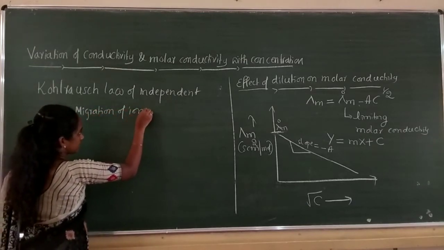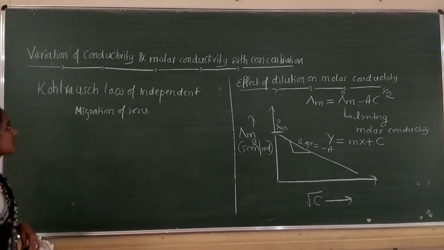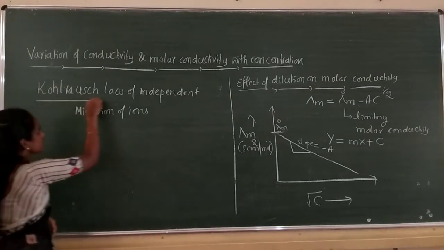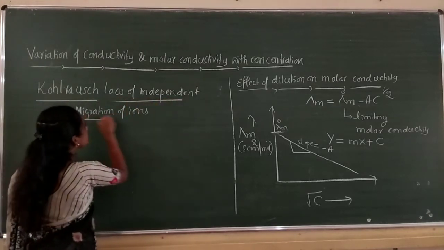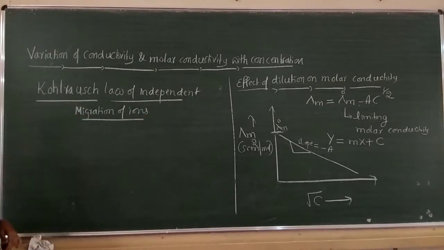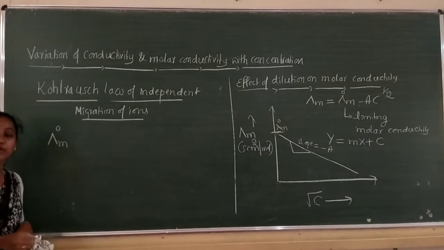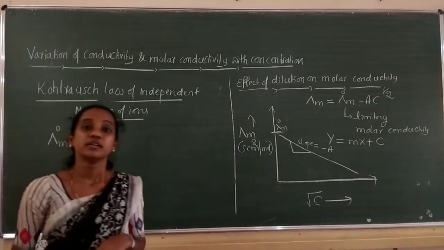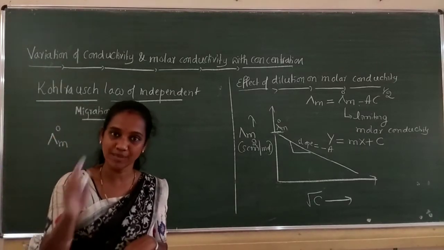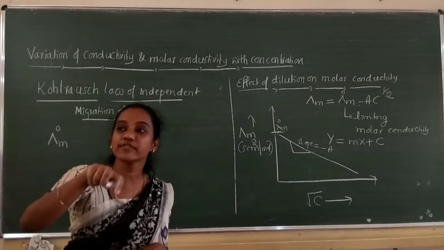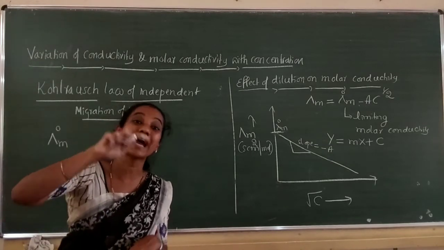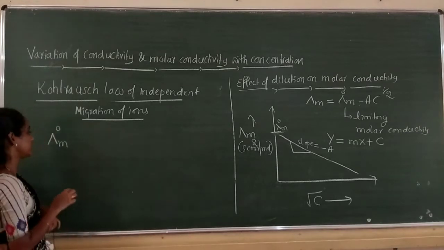Okay, Kohlrausch law of independent migration of ions. So this law states that limiting molar conductivity lambda m naught for any electrolyte is the sum of the individual contributions of cations and anions respectively.